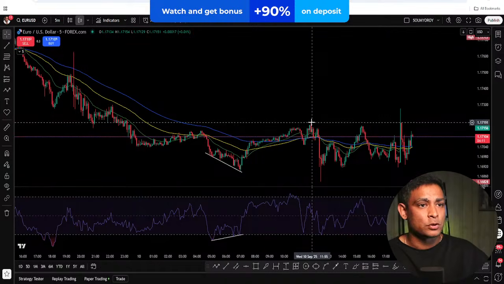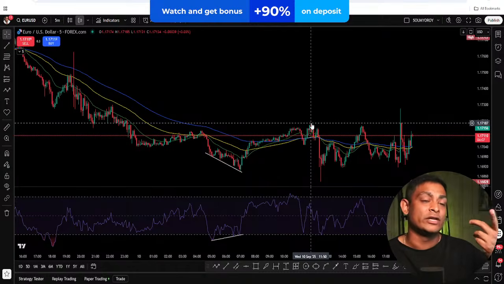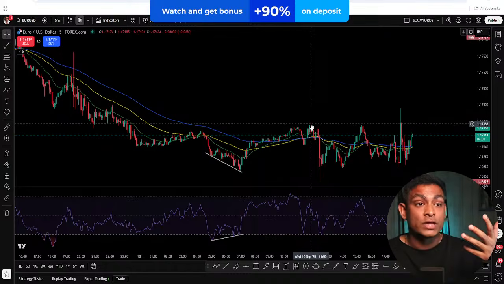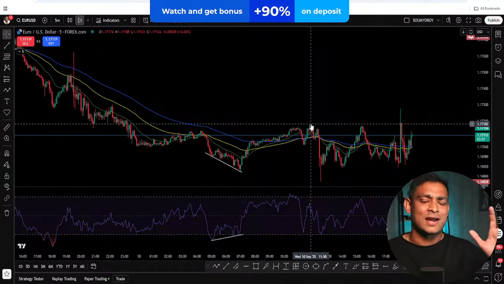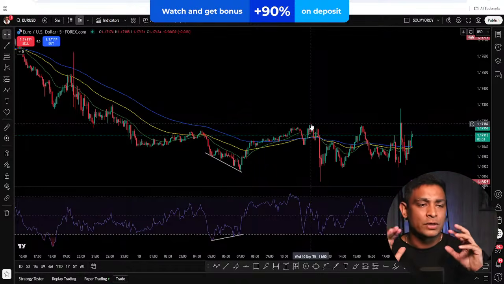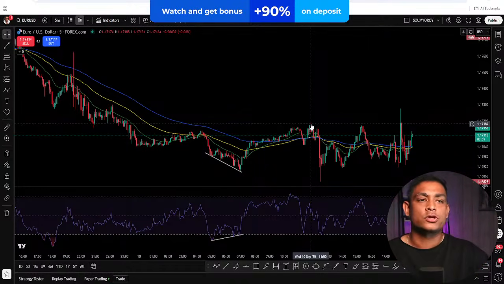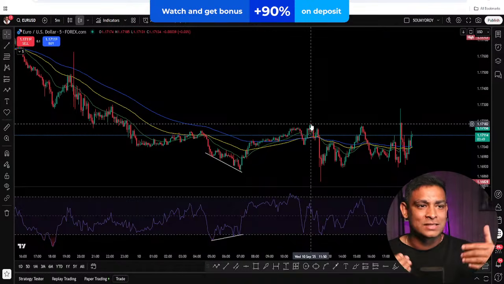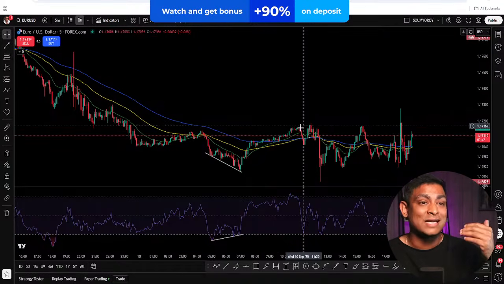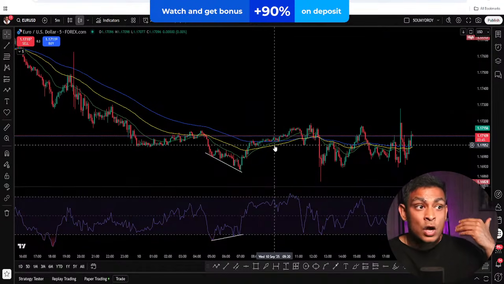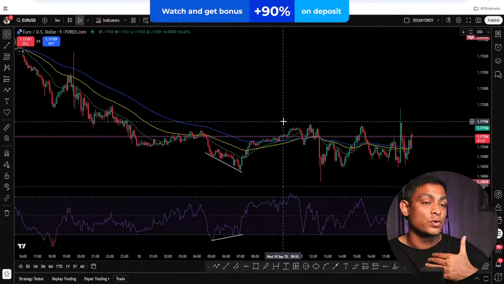We went up to this level of 1.17189, and we both decided that we want to book our profits, and along with us millions of other traders decided the same: okay, it's enough, I'm done for the day, let's take our profit and move on. So folks started to sell and the price started to fall.